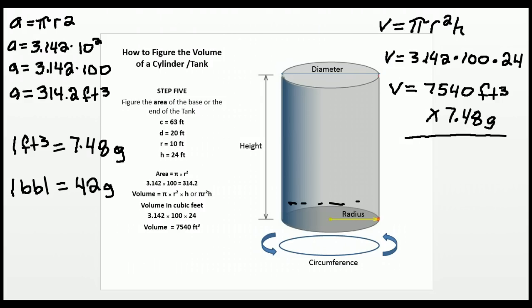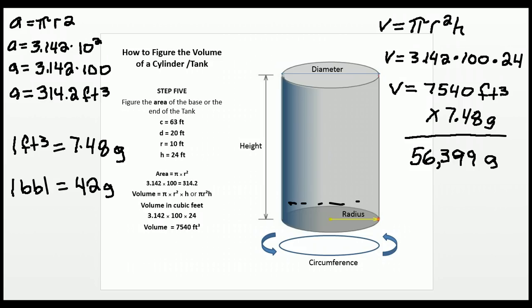And that's going to be equal to how many gallons? 7,540 times 7.48 is equal to 56,399. So that's going to be 56,399 gallons.